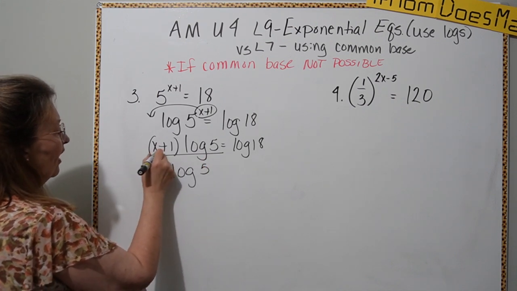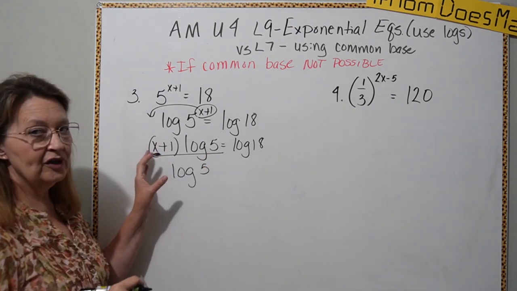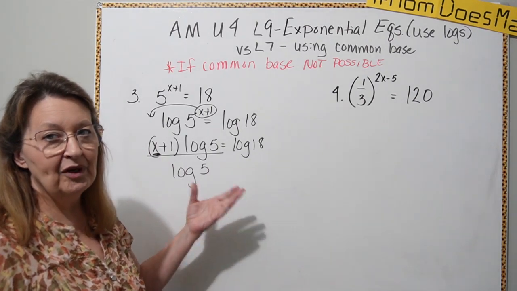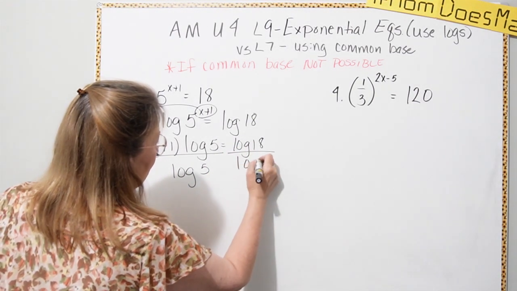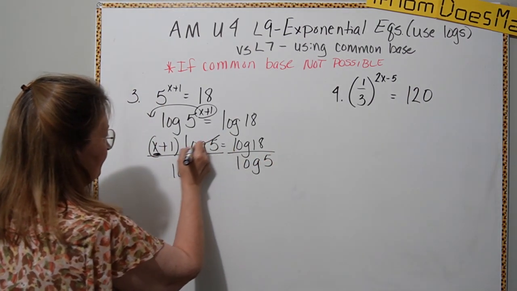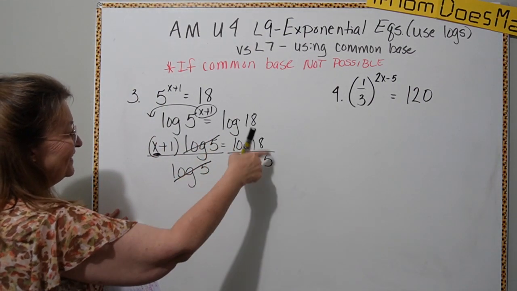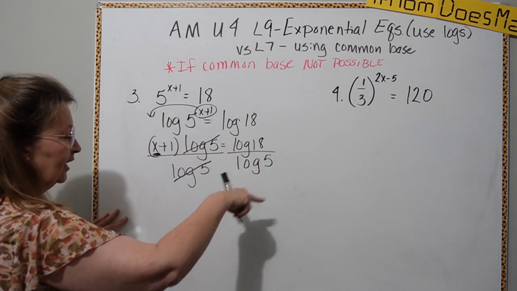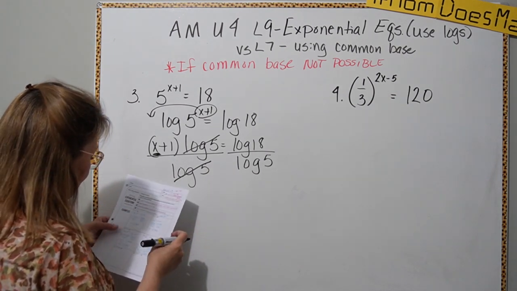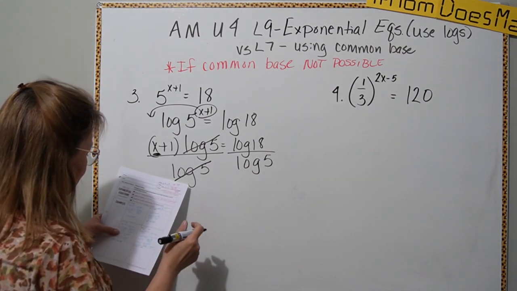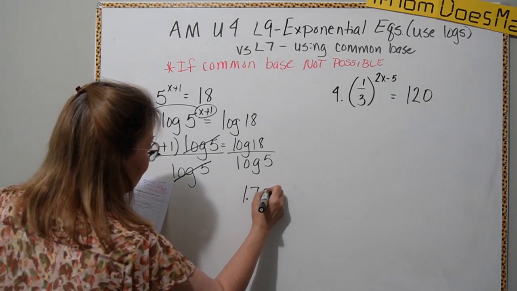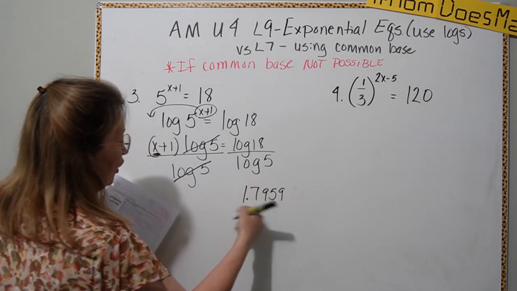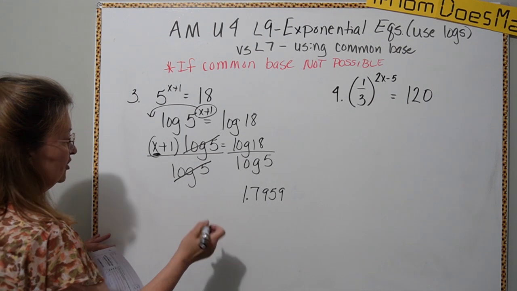You have to keep your eye on your variable, because that is what you are trying to whittle away, eliminating everything attached to it. So now when I do this, these two cancel out. This is a number, and I can put this in my calculator, and it is going to tell me that the log of 18 divided by the log of 5 is 1.7959. Remember, we're going to round off to 4 decimal places.